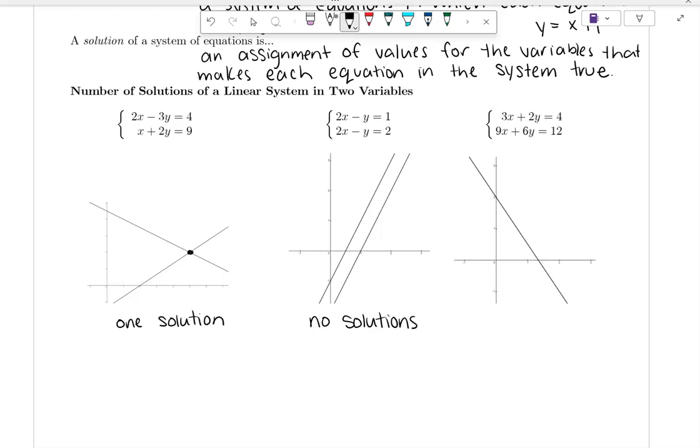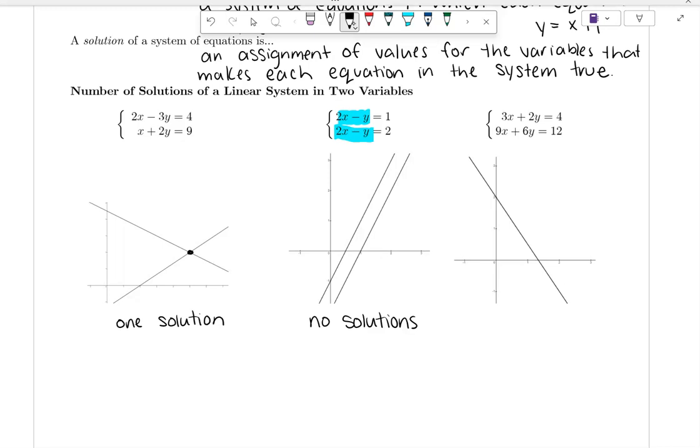One way to tell is that here we have the same two beginnings of equations, but the end isn't the same. What this is saying is if 2x minus y is equal to 1 and 2x minus y is also equal to 2, then you could say 1 is equal to 2, but we know that's not true. So no solutions there.